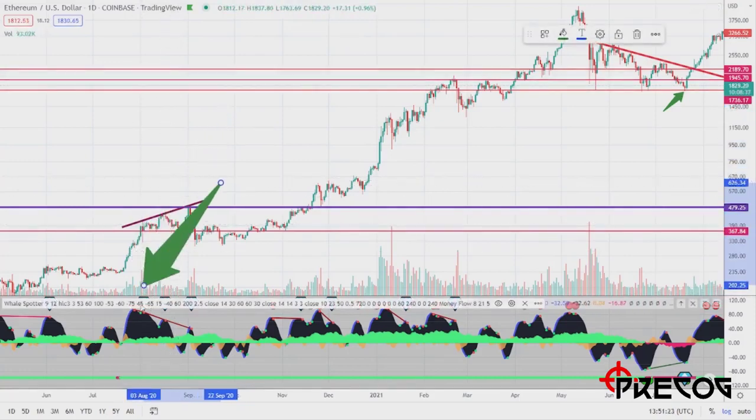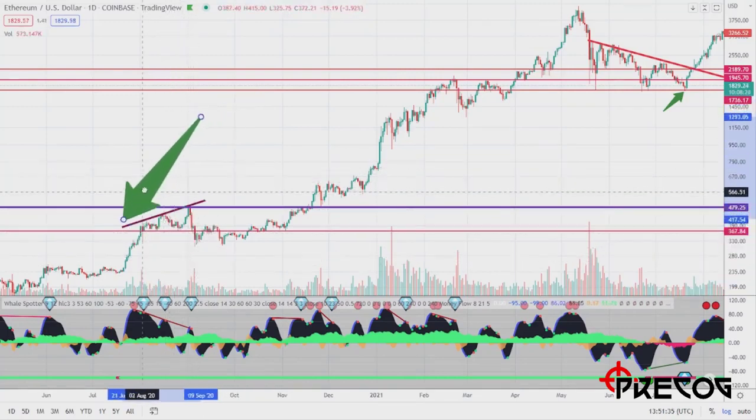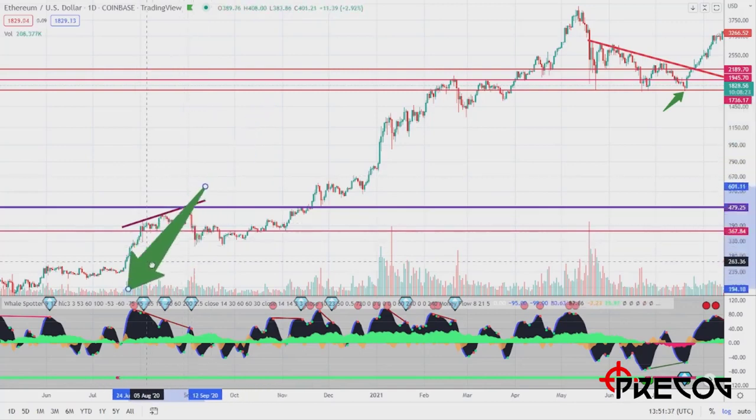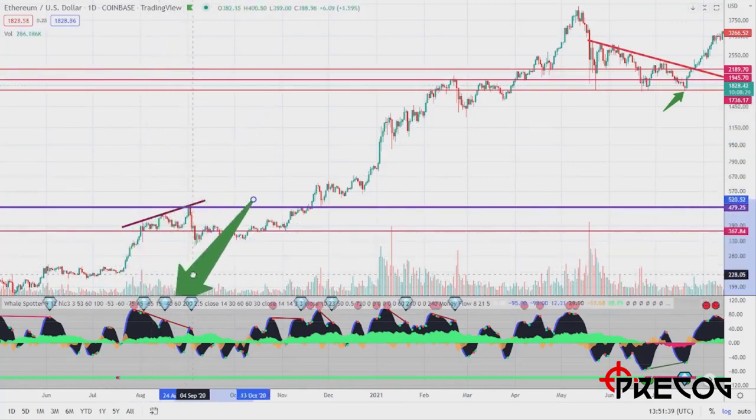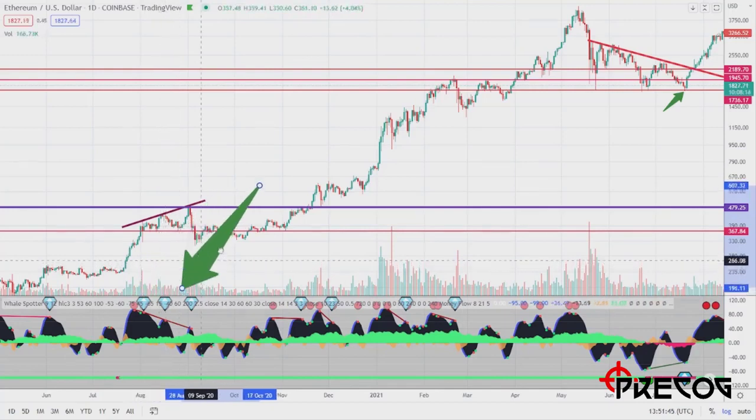These diamonds are another thing you want to pay attention to, because the diamonds give you an indication that there is either a bullish or a bearish divergence. So of course, where price is moving up while we're getting this downward trend down here on our WhaleSpotter, we're getting these diamond signals saying that there is a bearish divergence forming.